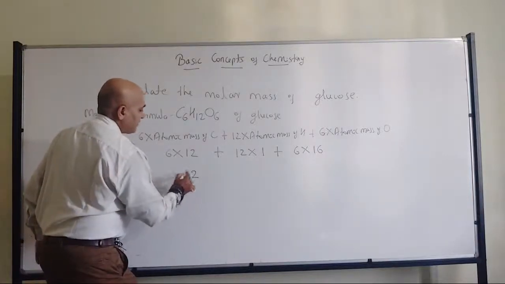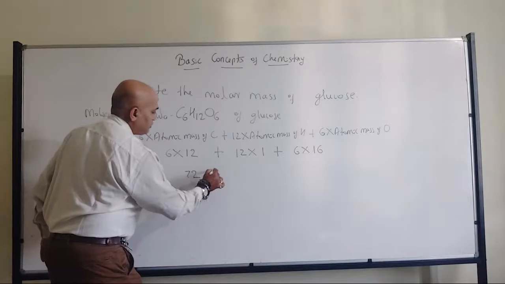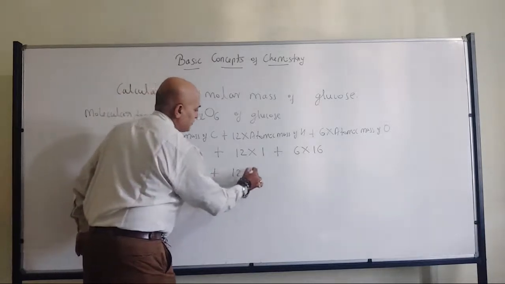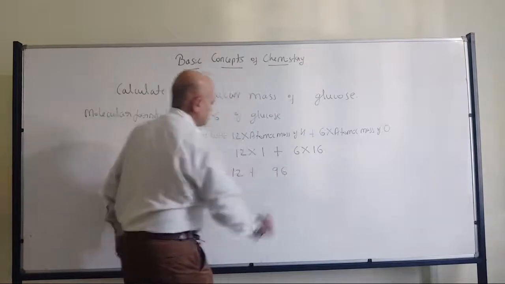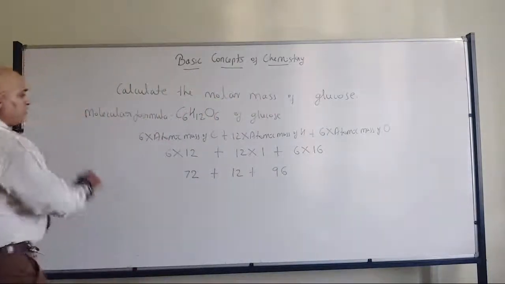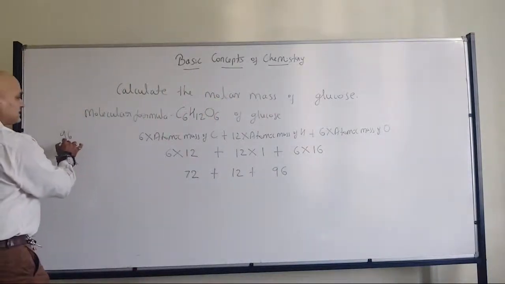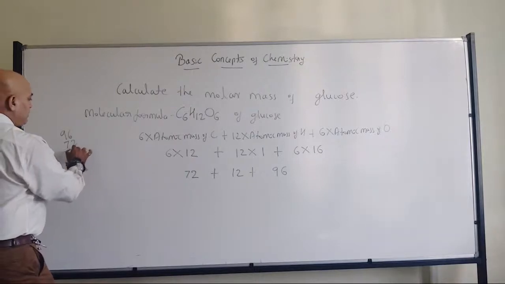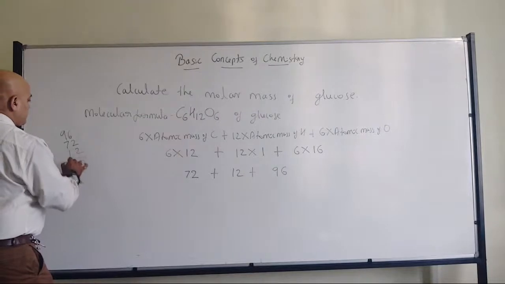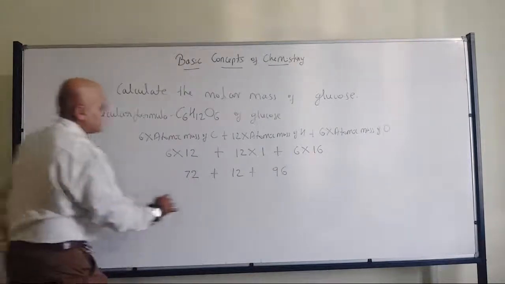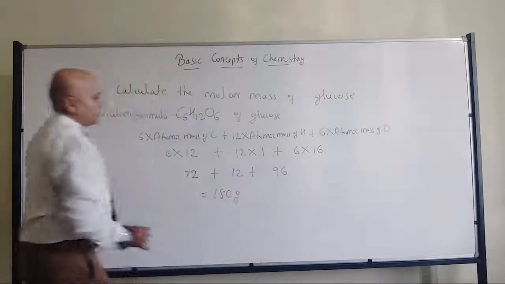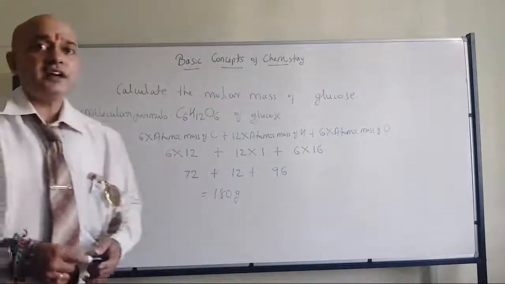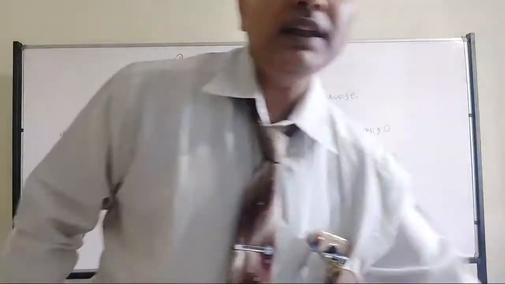6 twos are 12. So 72 plus 12 plus 96. Right? So now if I add 96, 72 and 12, that's where we are going to get the answer as 180 gram.